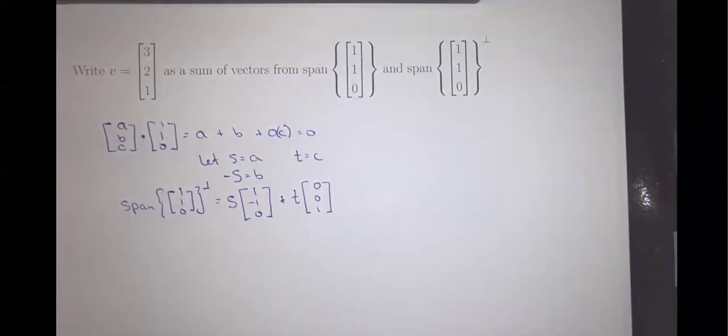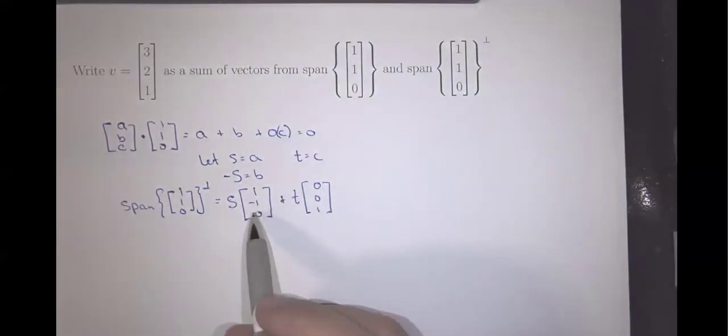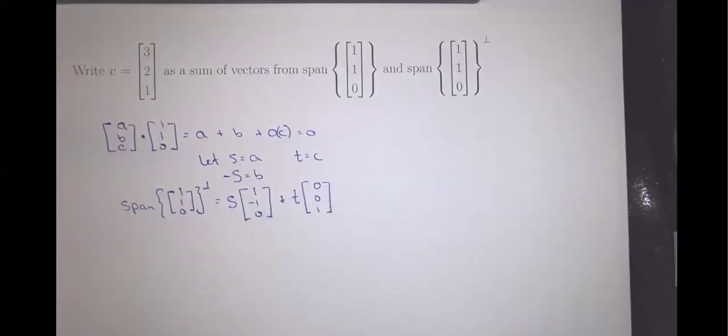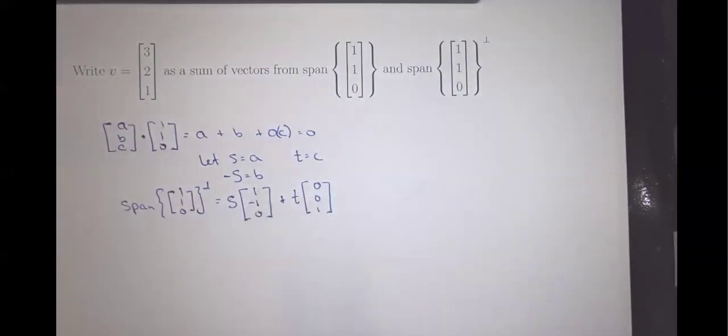Okay, so everything that's orthogonal to this either looks like that or looks like that. Okay, so let's try and write V as a sum of this guy, this guy, and this guy.